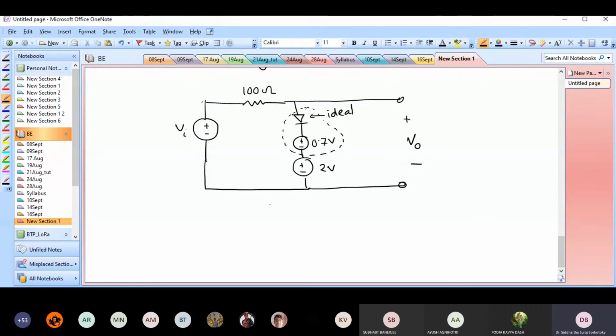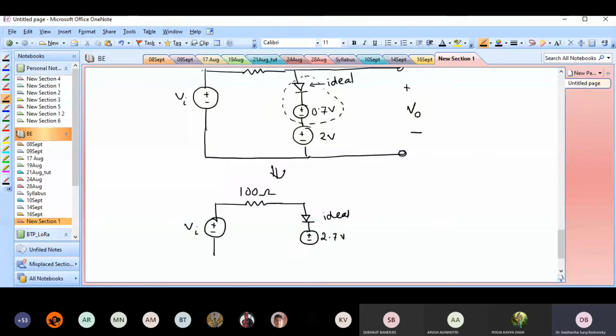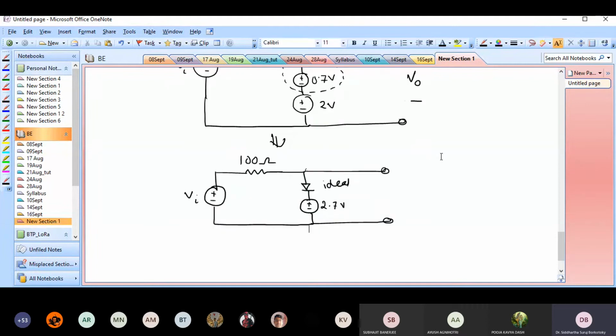So given this, I can simplify this further. Ohms. I have an ideal diode in series with 2.7 volts. So this is my final circuit.